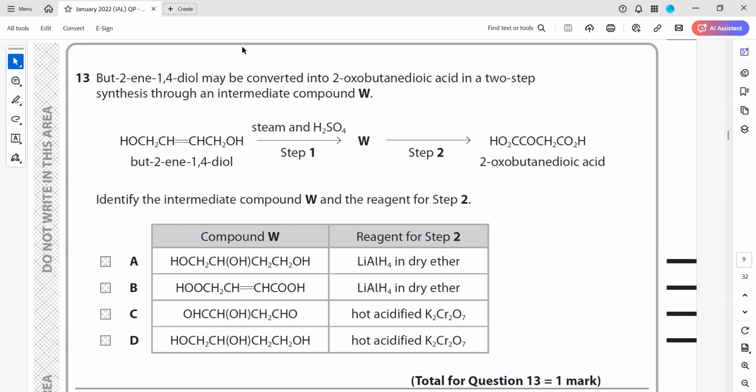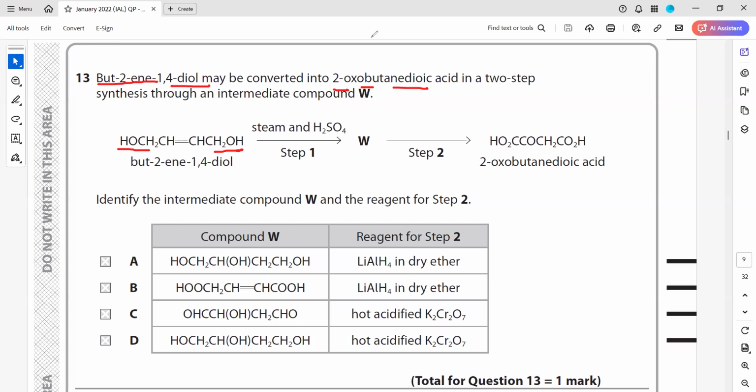In question 13, butene-1,4-diol may be converted into 2-oxobutanedioic acid in 2 steps. The synthesis goes through the intermediate W. Identify the intermediate W. Look, here we have an alcohol.